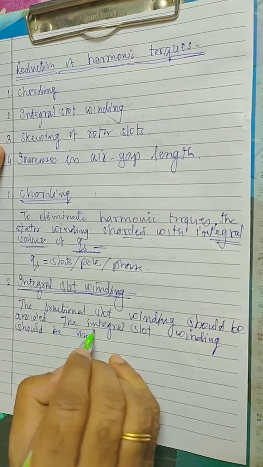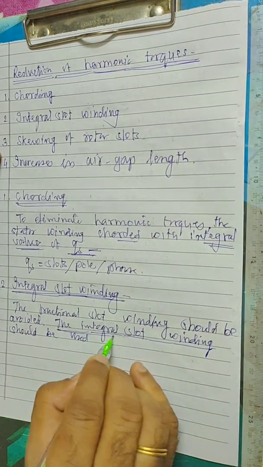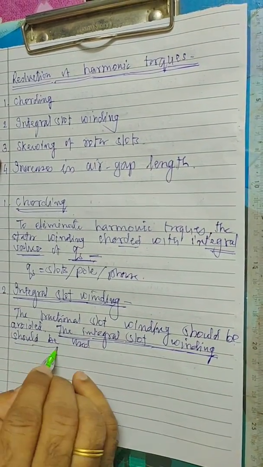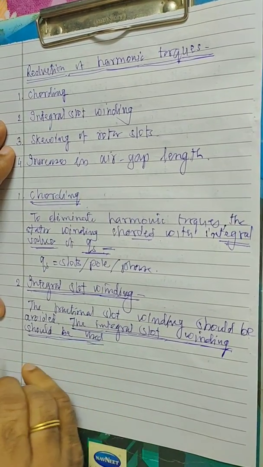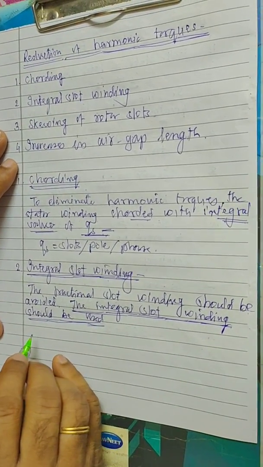So we have to use integral slot winding to eliminate the harmonic torque.